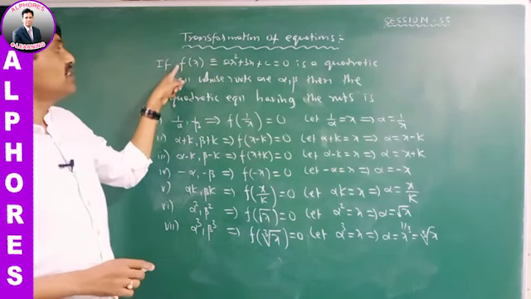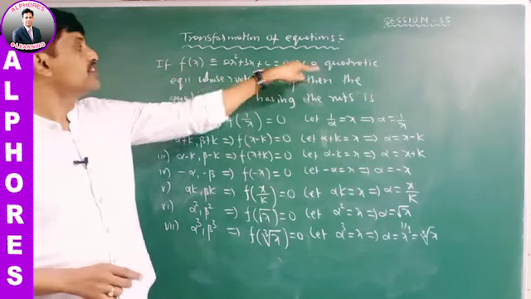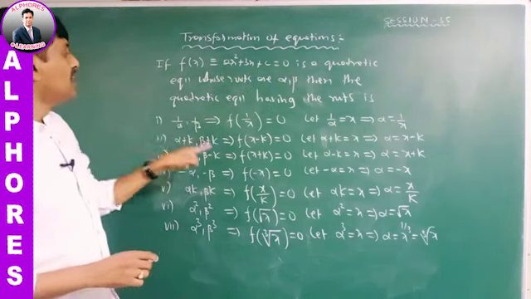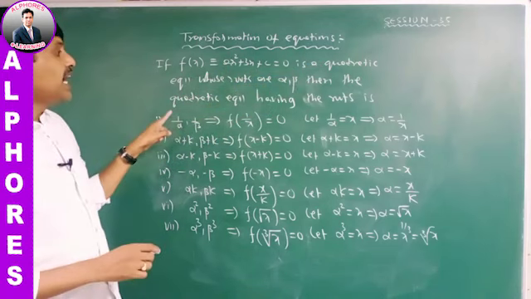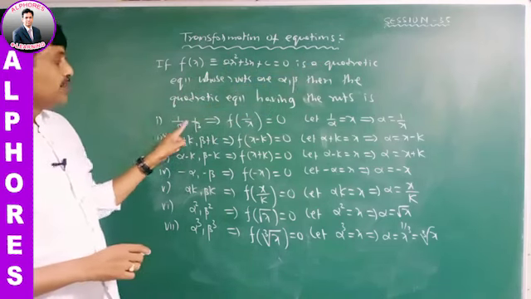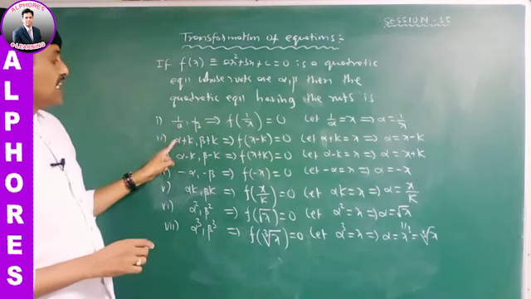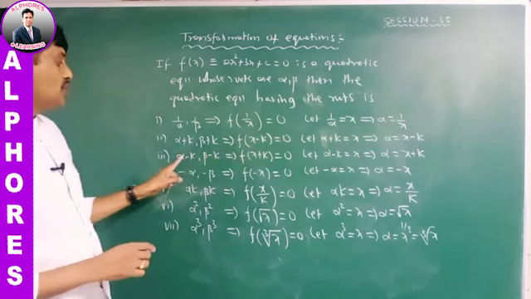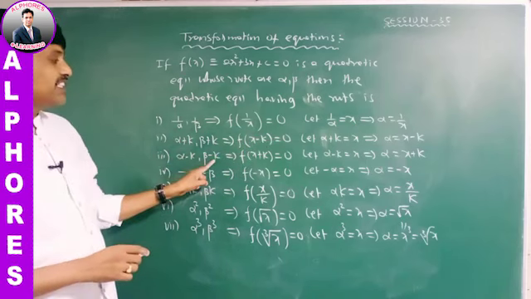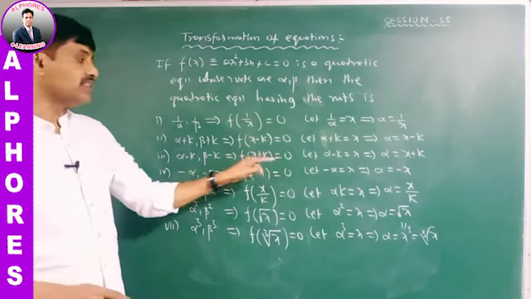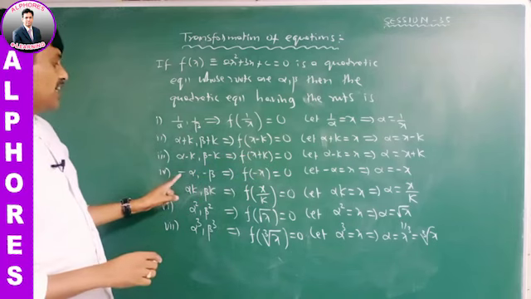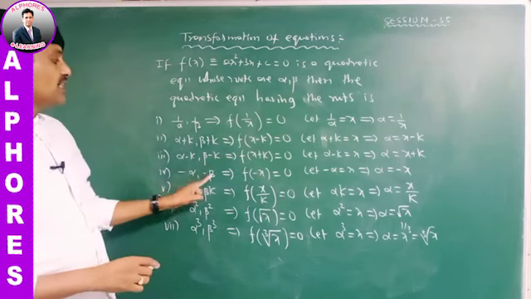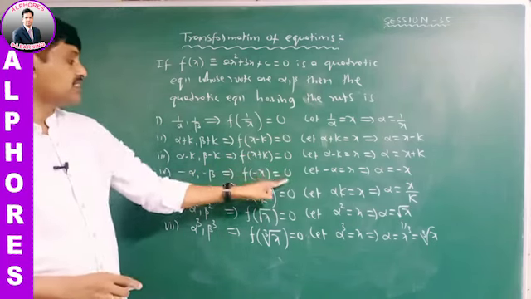Okay, this is our original quadratic equation whose roots are alpha, beta. Then the quadratic equation having the roots reciprocals is f of 1 by x. Each root is increasing by k, f of x minus k is equal to 0. Each root is decreasing by k, f of x plus k is equal to 0. Each root having opposite sign, f of minus x is equal to 0.